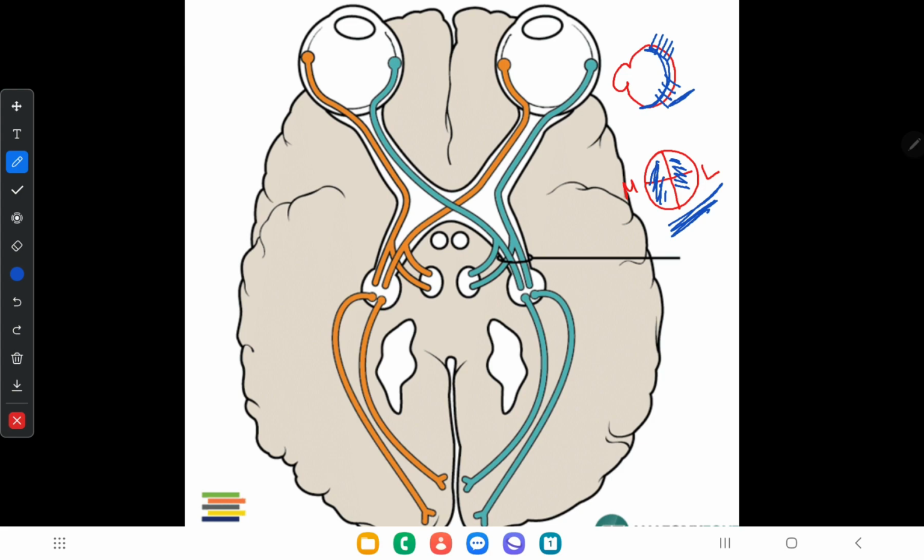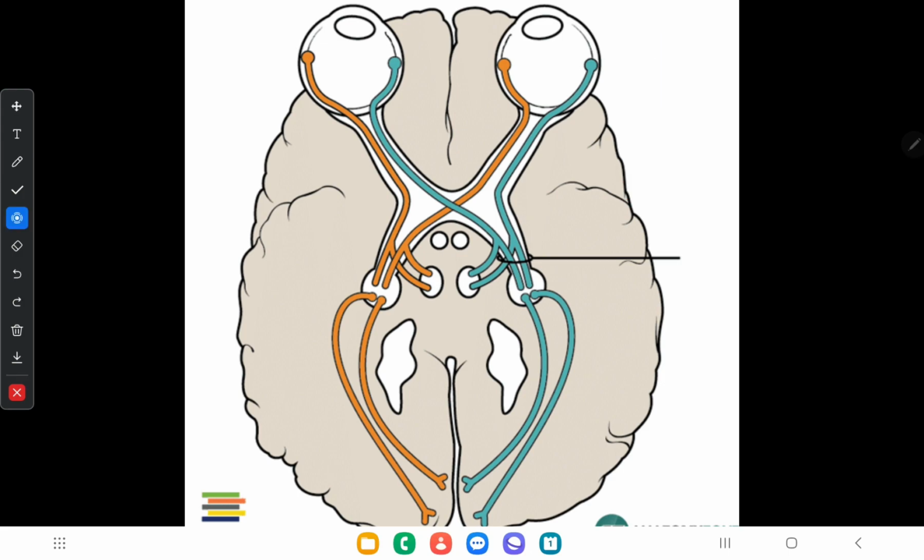The peripheral part of the retina is represented in its anterior part, while macular fibers terminate in the large central and posterior area. Actually, this lateral geniculate body is a 3D structure. I cannot show that 3D structure here. So remember how the fibers are coming to the lateral geniculate body.